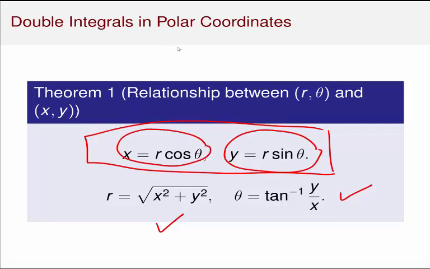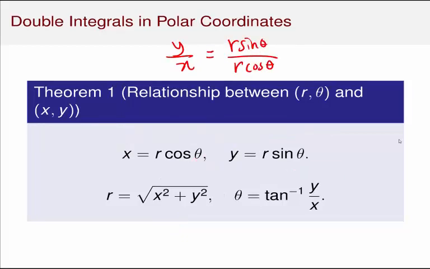And in doing so, we have y over x being equal to r sine theta over r cosine theta. Well, a word of warning here that this equation holds provided x is not 0. Otherwise, the fraction doesn't make sense. You follow me? When do we have x not being equal to 0? Well, this happens precisely when we are not on the y-axis.